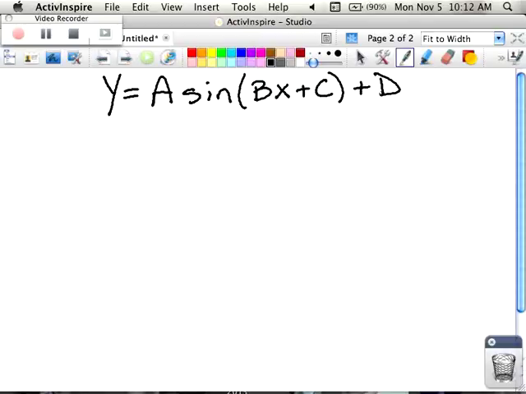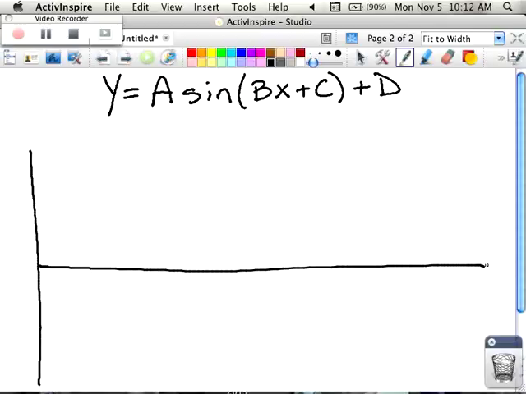So as I draw this comprehensive graph, here's what I want you to do. Just like before, we're going to have pi over 2, pi, 3 pi over 2, and 2 pi.